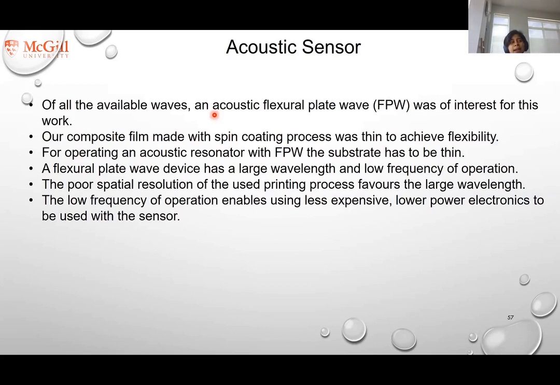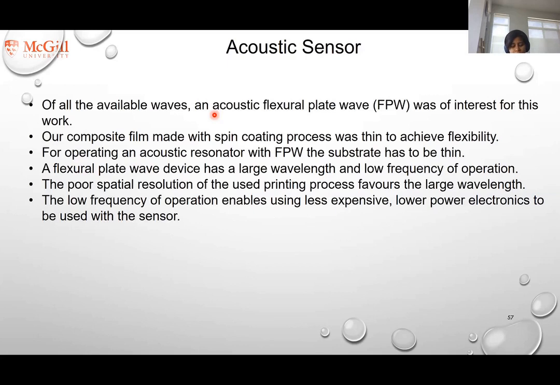Another thing is that for flexural plate wave, you need a very, very thin substrate, which we can actually produce, because the films that we produced with the spin coating process are like 100 to 130 microns thick. So they're ideal for flexural plate waves. They also have large wavelength and low frequency of operation.